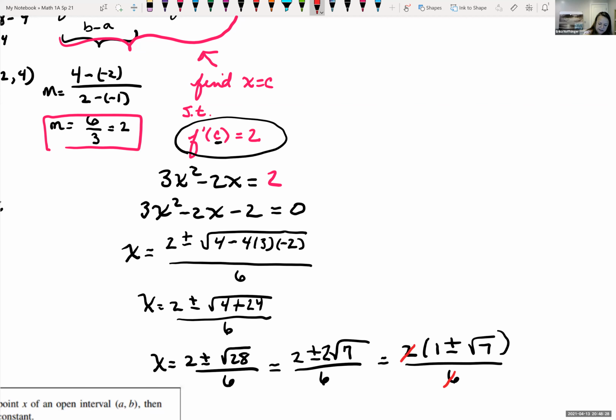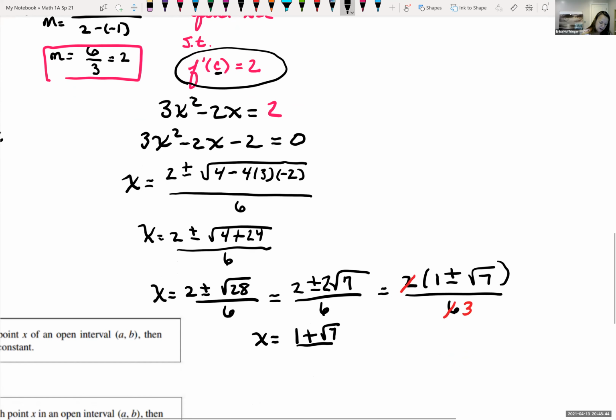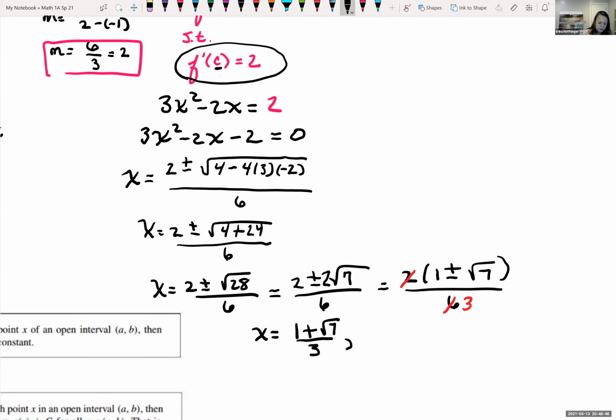So 2 goes into 6 3 times. So we got our values. There are two different values that would give us a slope of 2. That is when x is (1 plus root 7) all over 3 and (1 minus root 7) all over 3.